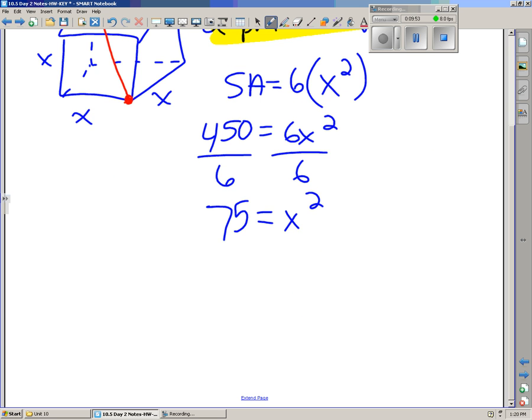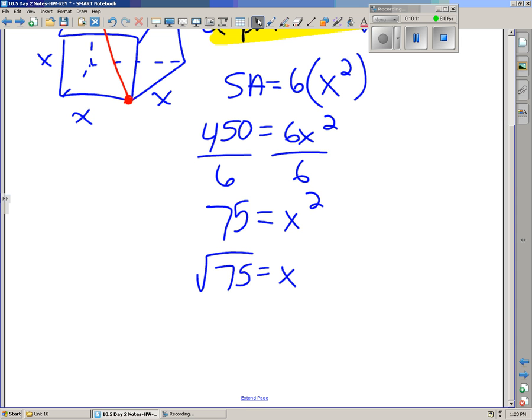Well, we still need to get the length of the side of the square. So we're just going to keep this in terms of radicals, and we're going to say that radical 75 equals x. So we're not going into simplified radical because it's going to be a little bit more difficult to do that.